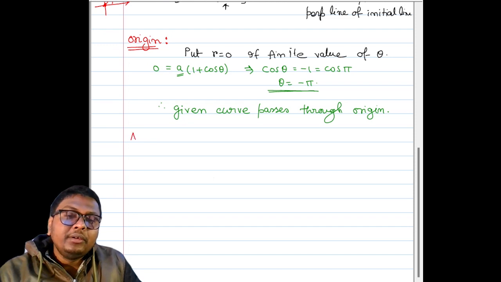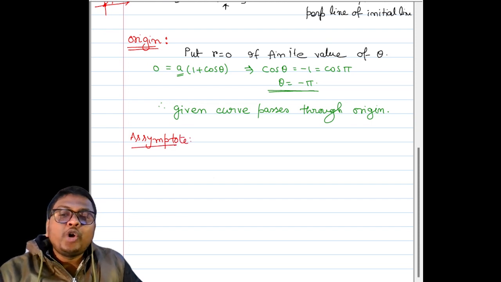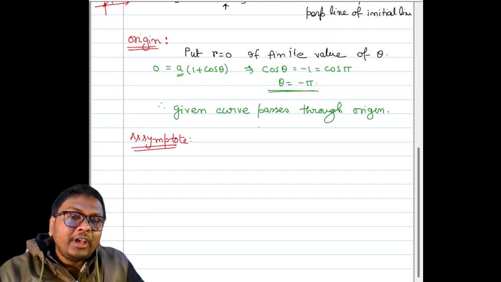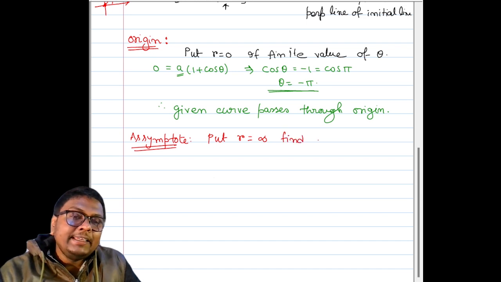Now what is the third condition for tracing a curve? Asymptote. So for checking asymptotes of a polar curve, you have to put r equals infinity, and from there find a finite value of theta.